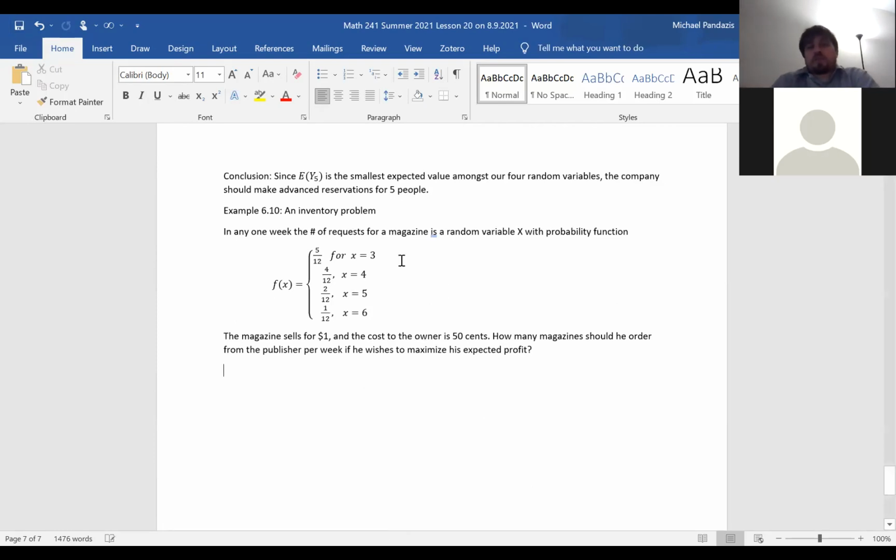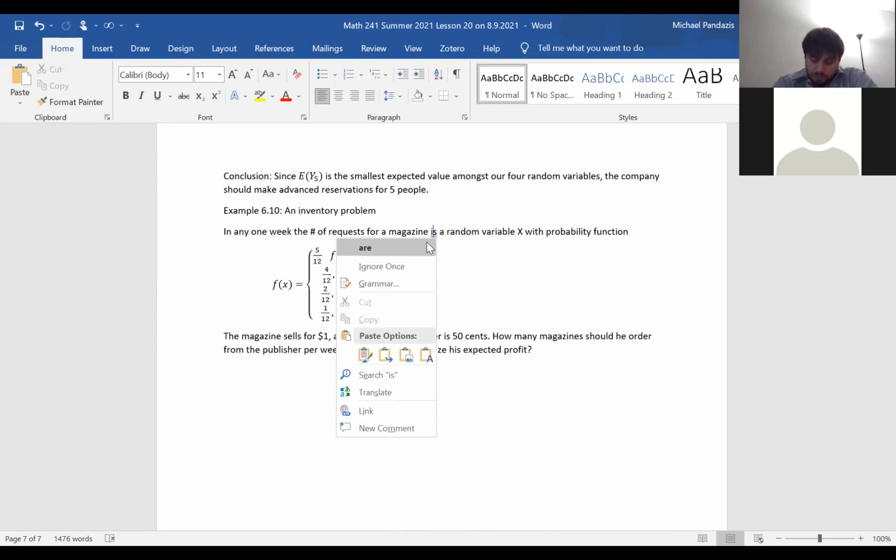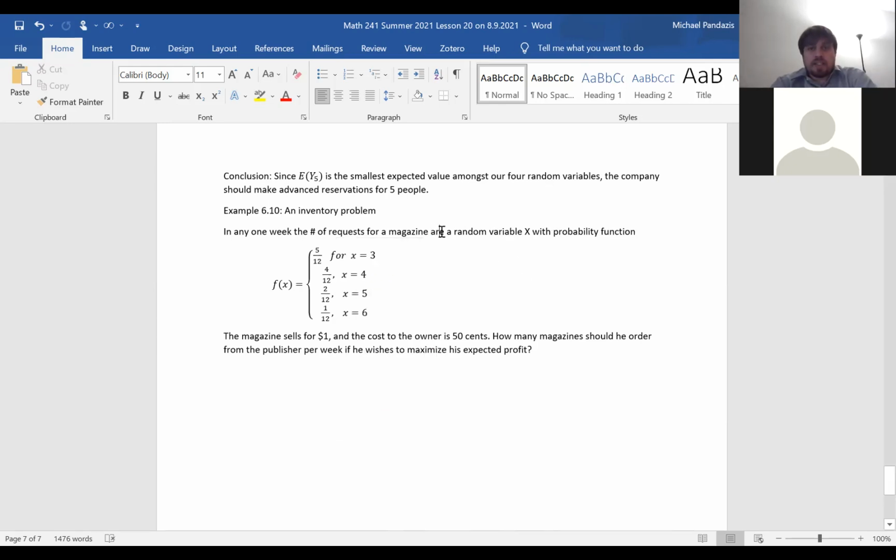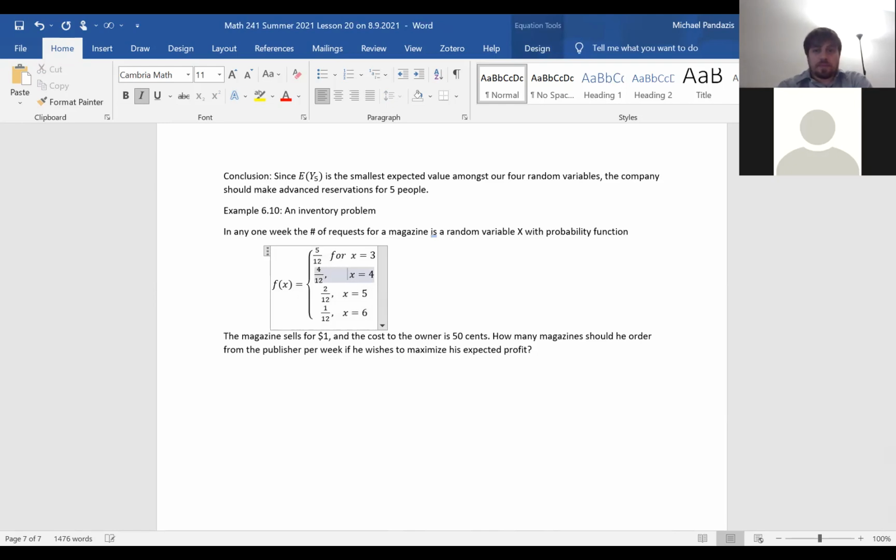So in any one week, the number of requests for a magazine is a random variable capital X with that probability function. The magazine sells for $1 and the cost to the owner is 50 cents.